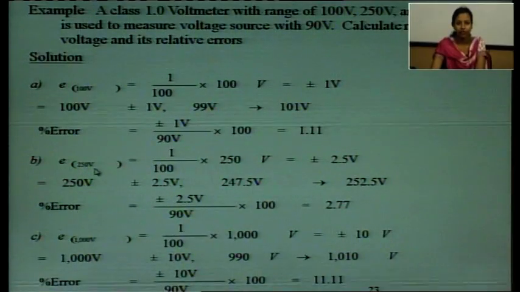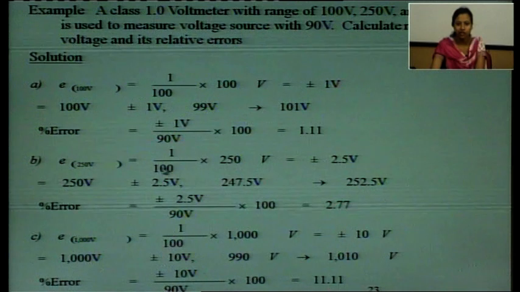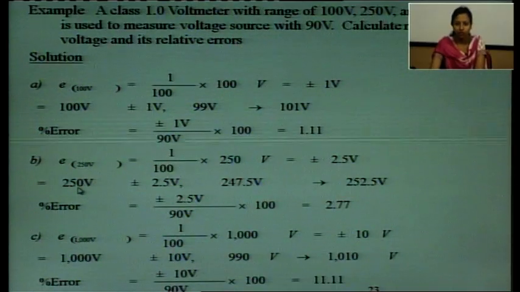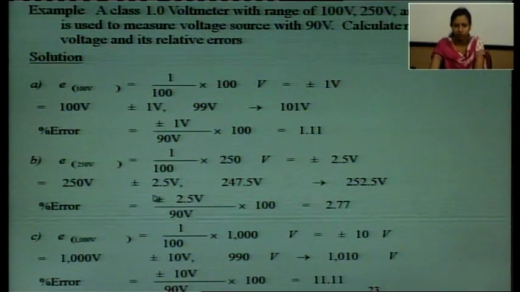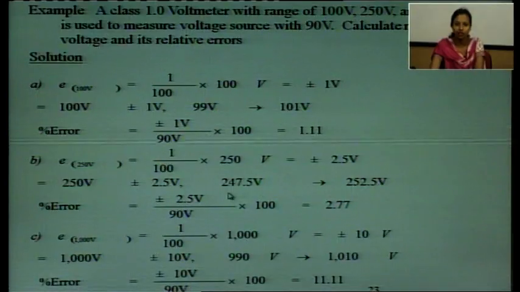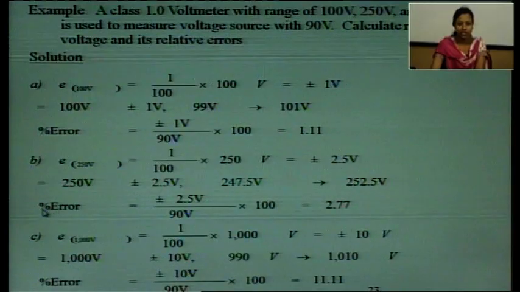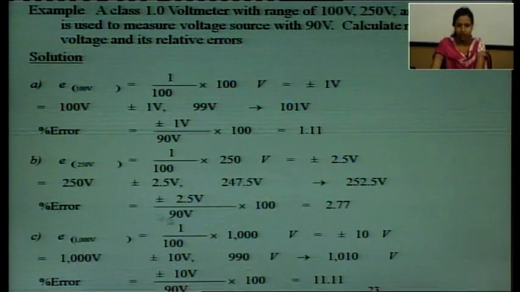For the 250 volt voltmeter, we get 1 upon 100 into 250, which is equal to 2.5 volt. So 250 is the central value plus minus 2.5, giving 247.5 up to 252.5. This is the range we can get. Next is the percentage error in this measurement.